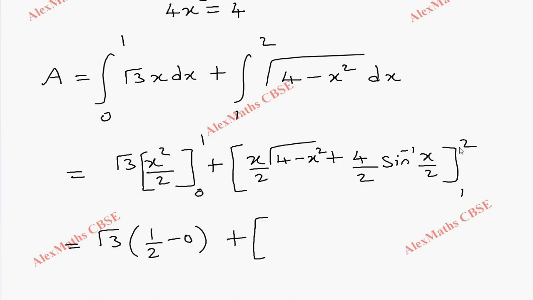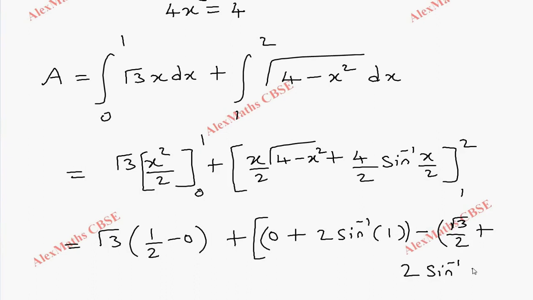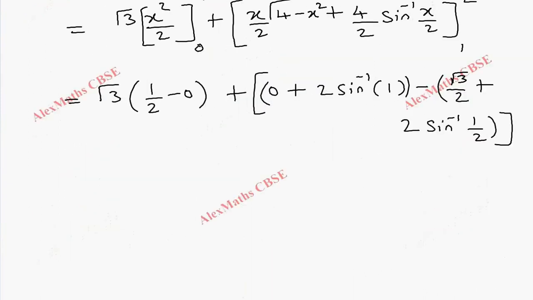When I substitute 2 in place of this x, first term is 0 and second term is 4 by 2, which is 2, sine inverse 1. Then coming to the lower limit 1, the first term becomes root 3 by 2. So we take root 3 by 2 here, plus 4 by 2 is 2, and now sine inverse 1 by 2, bracket close, and the big bracket close.